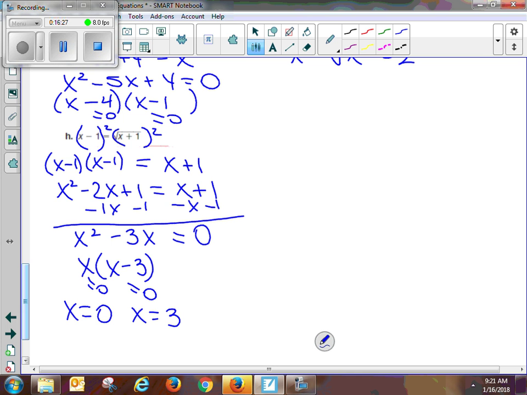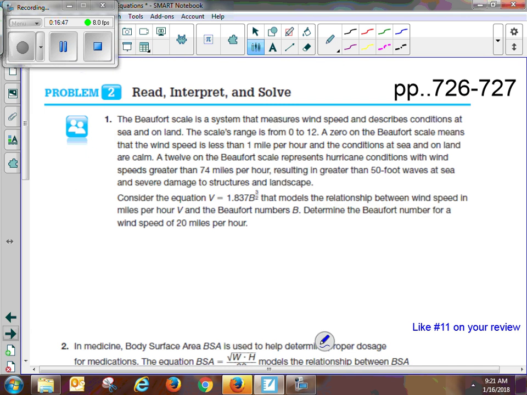Awesome. 0 take away 1 is -1. Can -1 equal the square root of something? No. 3 did work. 3 minus 1 is 2. 3 and 1 is 4. Square root of 4 is 2. So that check. Question for me so far? Awesome. Okay, on to the word problems.